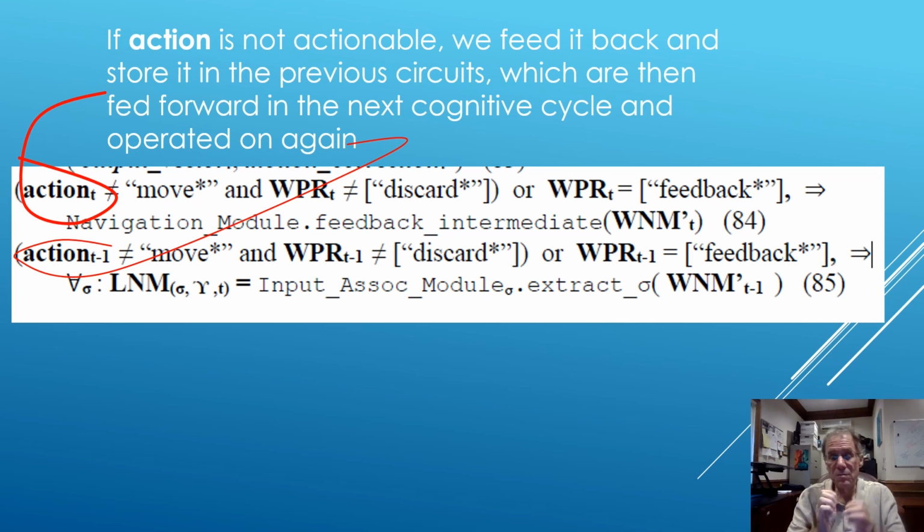We just enhance the feedback pathways a little bit, feeding back the intermediate results of the navigation module to the sensory system, and then in the next cognitive cycle, that's treated as a new sensory input. So you can reoperate on the intermediate results, and as I showed last year and the year before, this results in causal behavior. It also results in a vulnerability to psychosis as well.